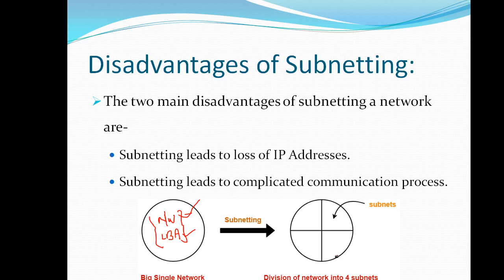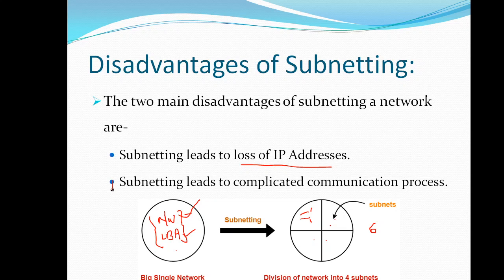Individual subnets also need to reserve two IP addresses, one for the limited broadcast address and another for the subnetwork address. So these 4 subnets reserve a total of 8 IP addresses. Compared with the big network, we are losing approximately 8 IP addresses. So one of the disadvantages is that subnetting leads to loss of IP addresses.